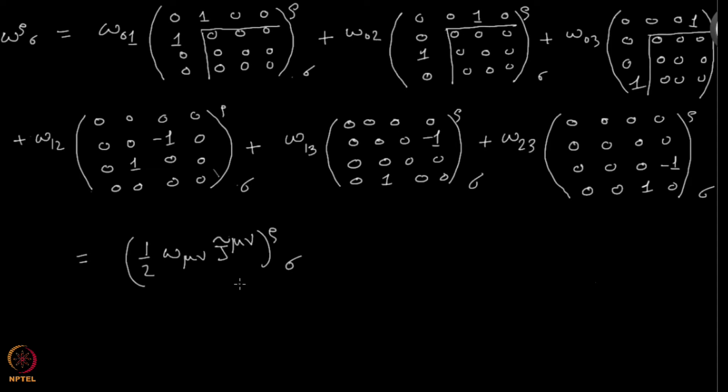So for example, j tilde 1 2 is 0 0 minus 1 0 and 0 1 0 0 0 0 0 0. Let's see where it is, omega 1 2, this one. This is the one I am talking about.